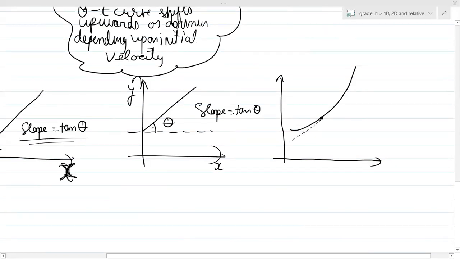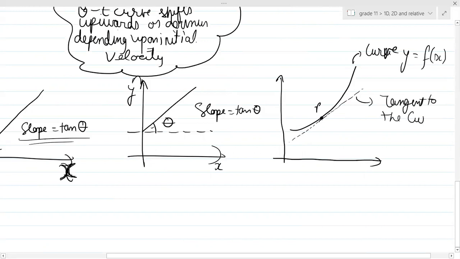Can you see the tangent at this point? This is the curve, and this curve will have some equation y equals f of x. So this is basically the tangent to the curve at point P, at this particular point. And then again, what will you do? Theta. Is this clear?